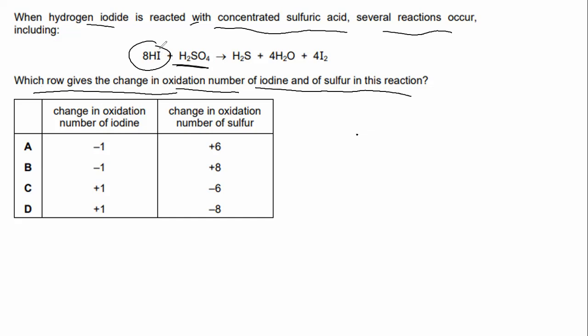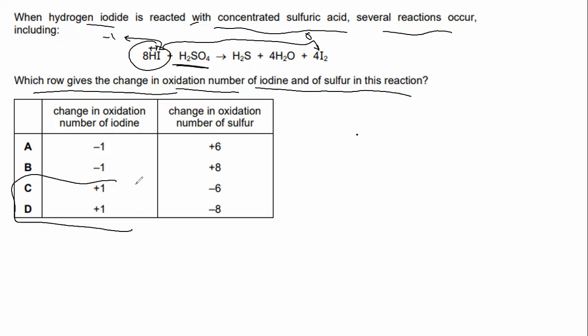Right, guys, hydrogen is always +1, and I is -1 here, and then it becomes I2, which has 0 oxidation number. So iodine was -1, then it becomes 0. So the change in oxidation number of iodine is +1.